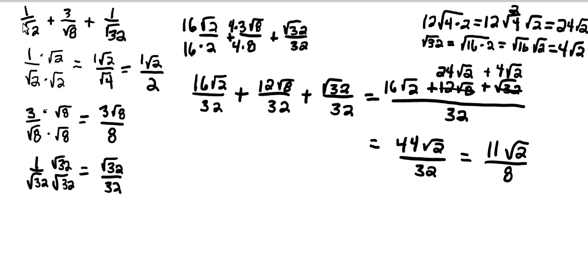Okay, so this is number 89, again on page 68. So we're looking at an expression with fractions here. And so this was our starting problem. There's a couple of different ways that you can actually tackle this problem.